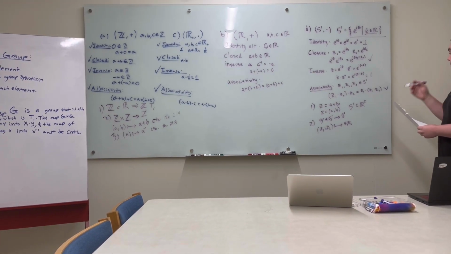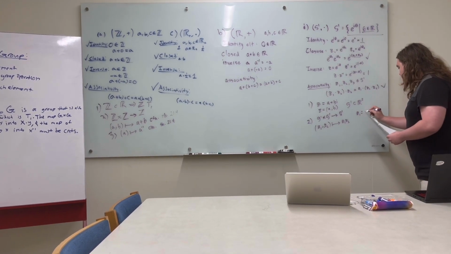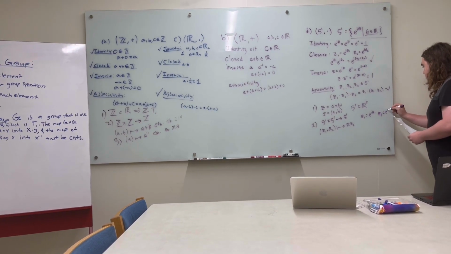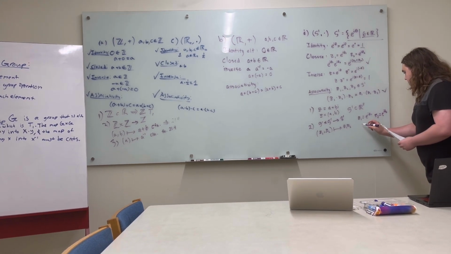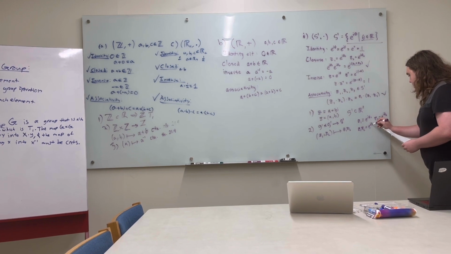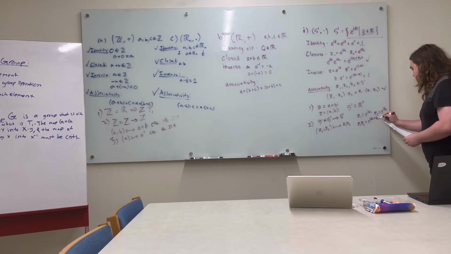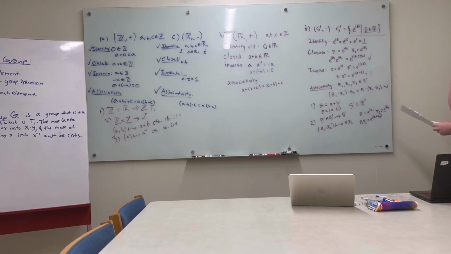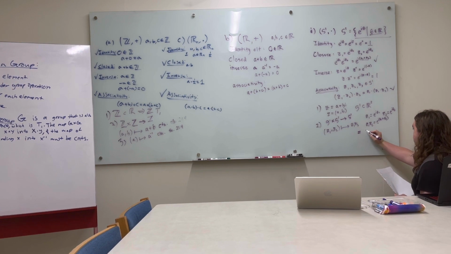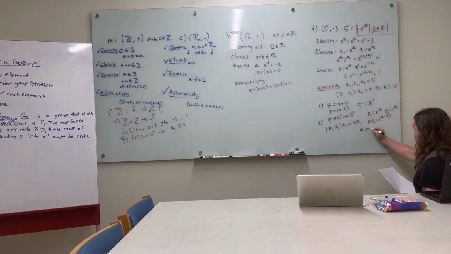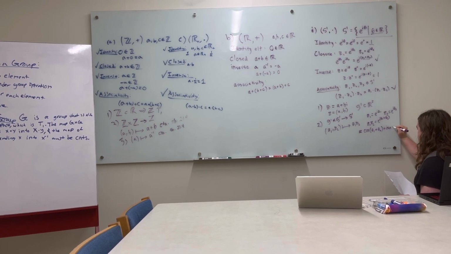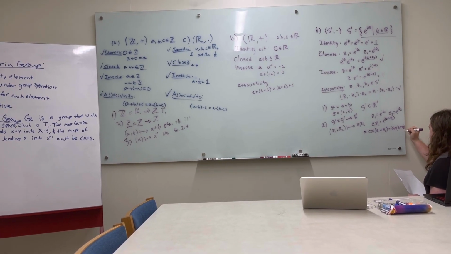And the way we show that is we let Z1 equal e to the i theta 1 and Z2 equal e to the i theta 2, and then their product Z1 Z2 is e to the i (theta 1 plus theta 2), which can be rewritten as cosine of (theta 1 plus theta 2) plus i sine of (theta 1 plus theta 2).